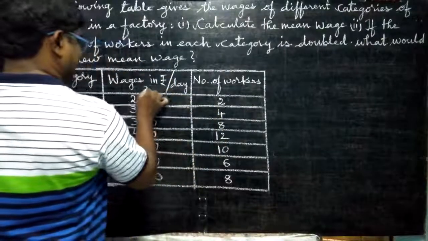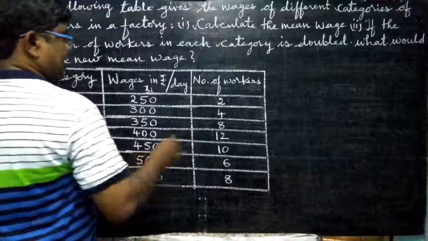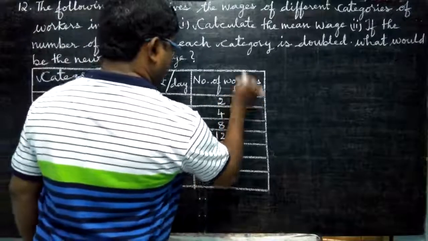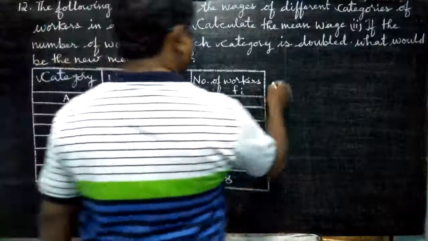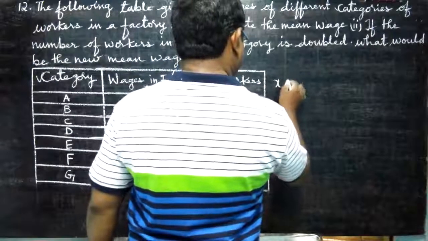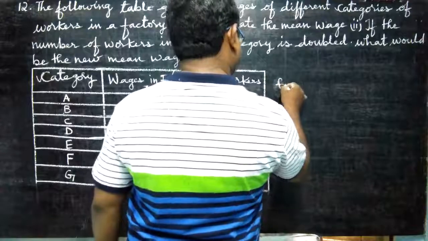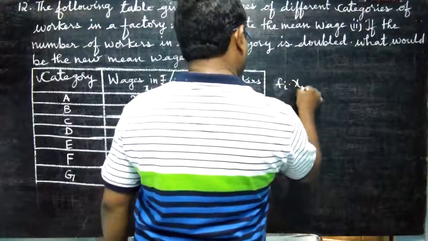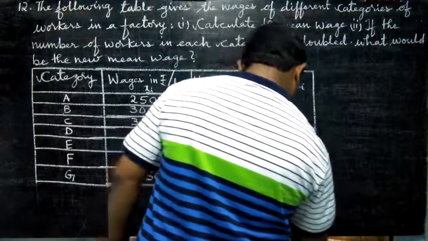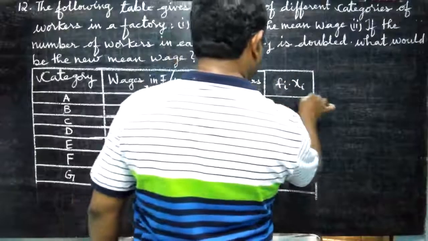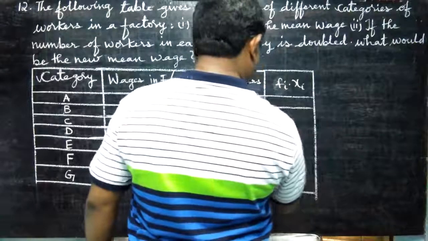This is xi and this is fi. Now we are going to multiply fi into xi. Be careful in multiplication.